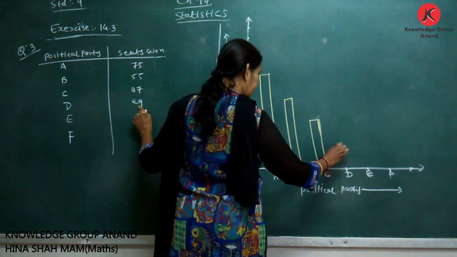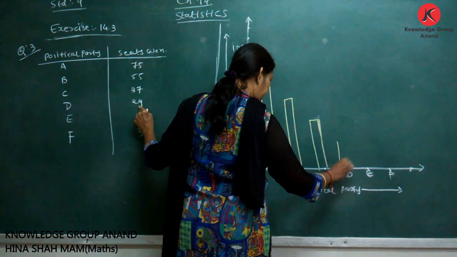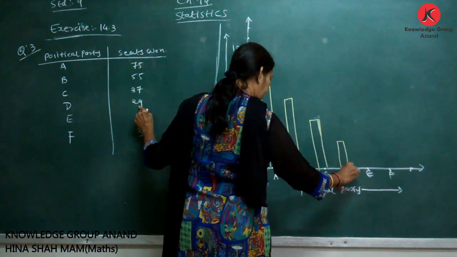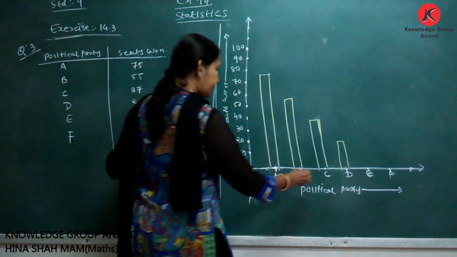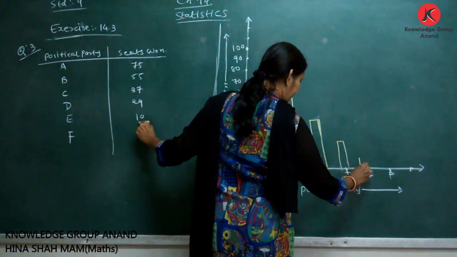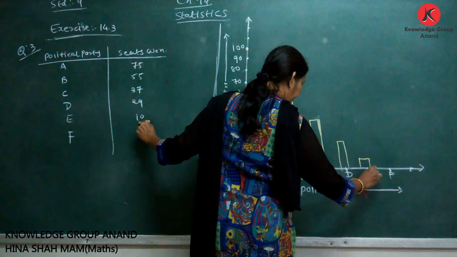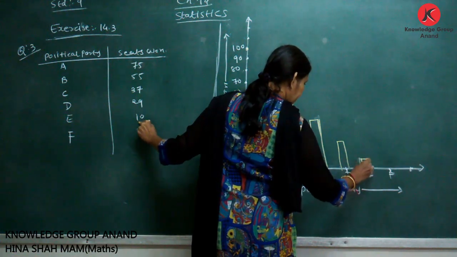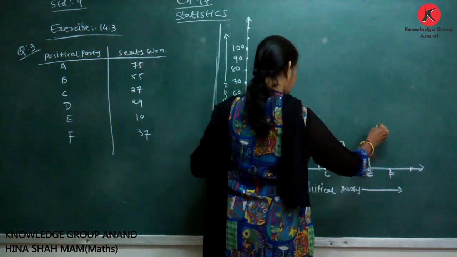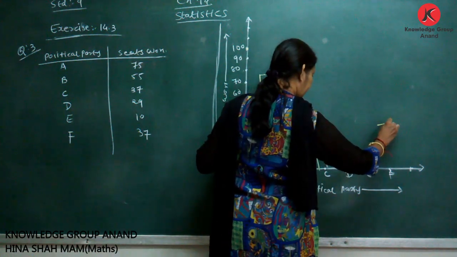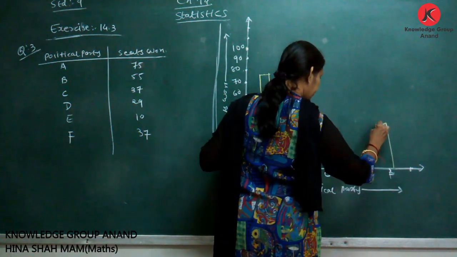Party D 29, nearer to 30. Party E 10. And party F 37, again between 30 and 40.